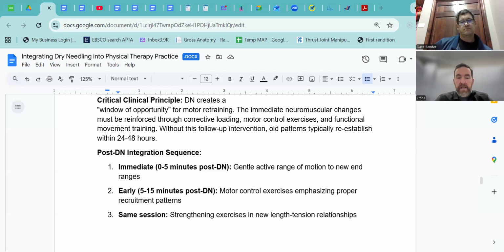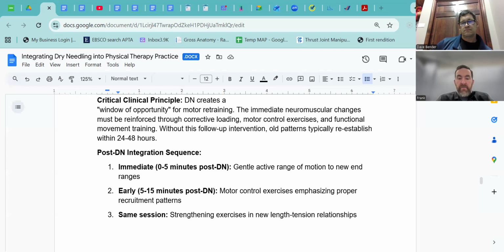But if we're trying to make some changes with motor control, in the first 5 minutes after needling, we're going to do some gentle active range of motion to those new end ranges. We've opened up some end ranges, so we're going to do some active range of motion. Oftentimes, I will do some manual facilitation and some feedback.